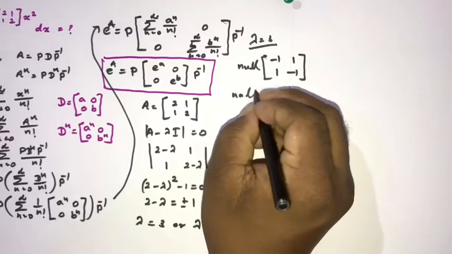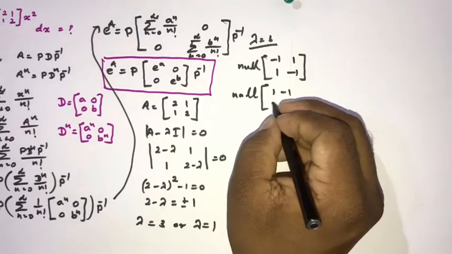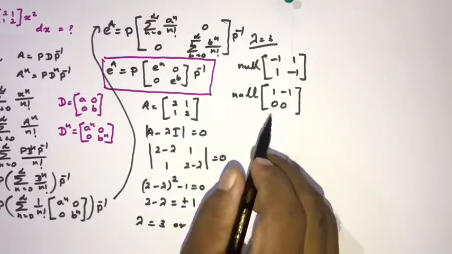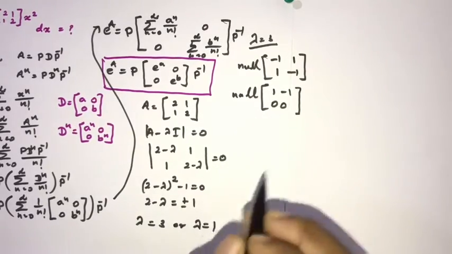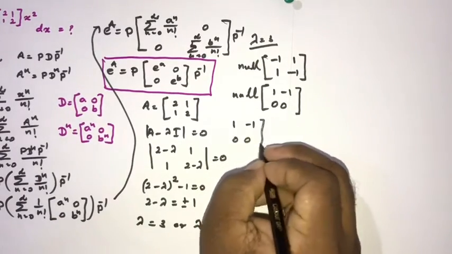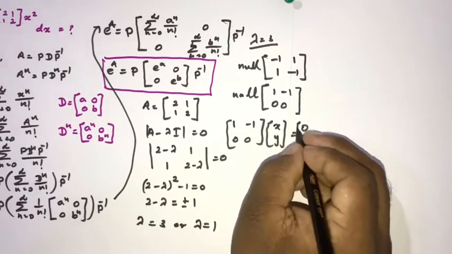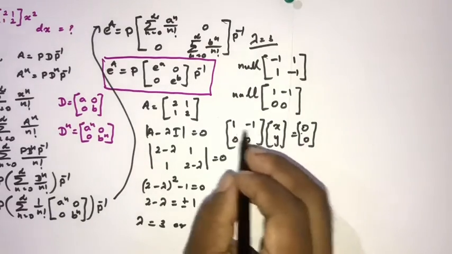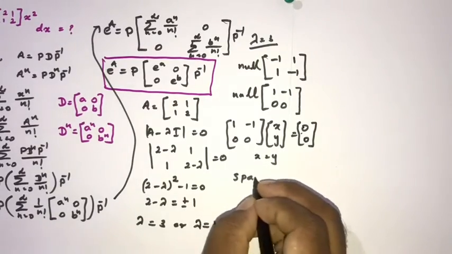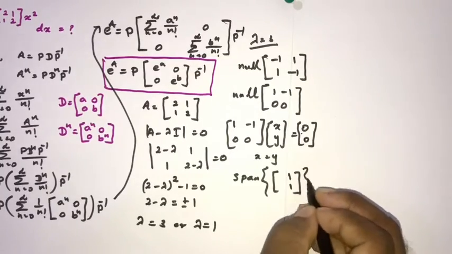So here we have the null space of [1, minus 1; 0, 0]. Here we have the reduced row echelon form of the matrix, and now we can write [1, minus 1; 0, 0] times the vector (x, y) is equal to (0, 0). So we know x minus y is equal to 0, so x is equal to y. Then we can write the span of (1, 1).